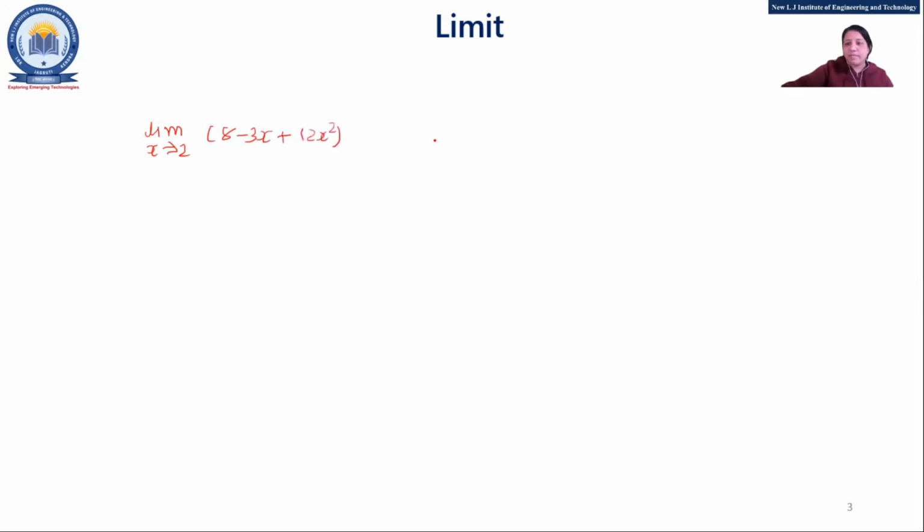Suppose this type of thing is given to you, then how are you going to evaluate it? Limit x tends to 2, 8 minus 3x plus 12x square. Then what are you going to do?